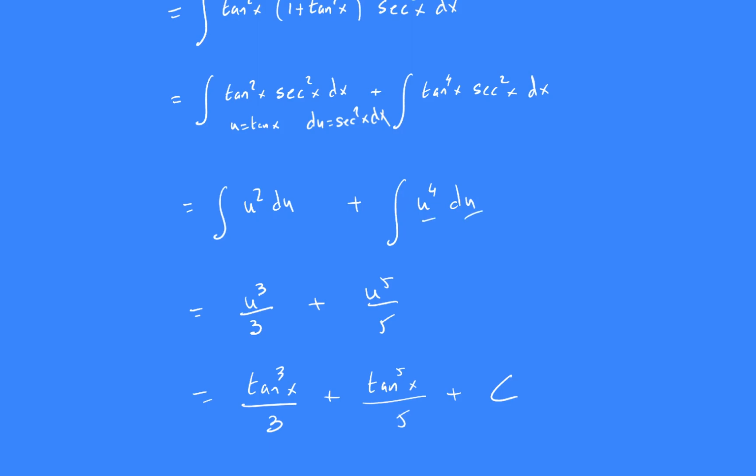What is the integral? u cubed divided by 3 plus u to the 5 divided by 5. Who is u? Tangent of x. So tangent cube of x divided by 3 plus tangent 5 of x divided by 5 plus c. This is the solution. Let's go to the next one.